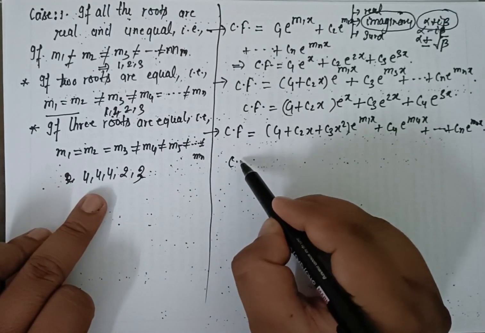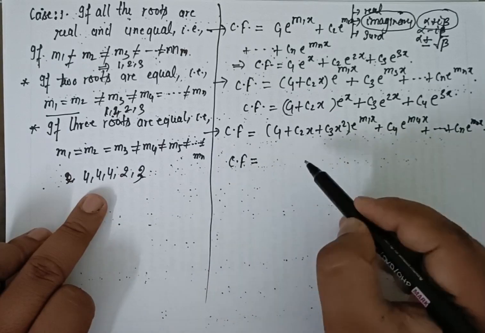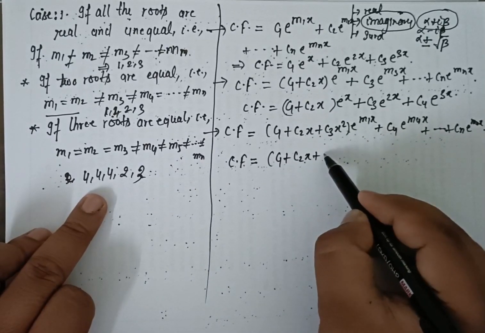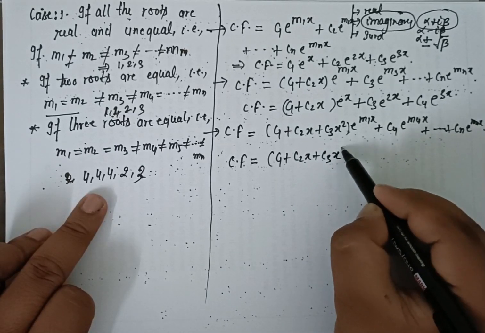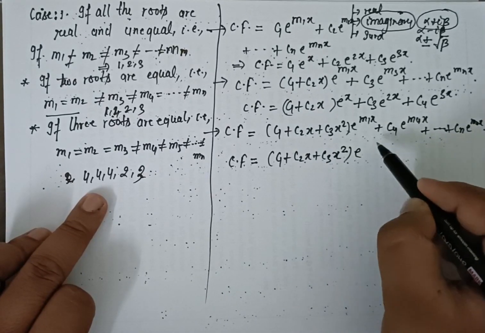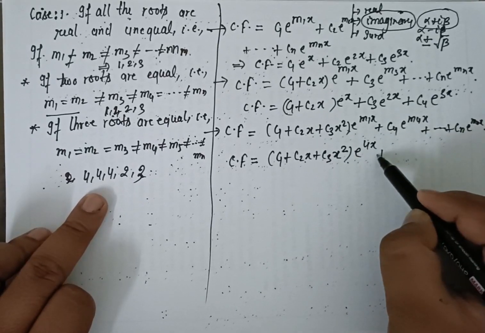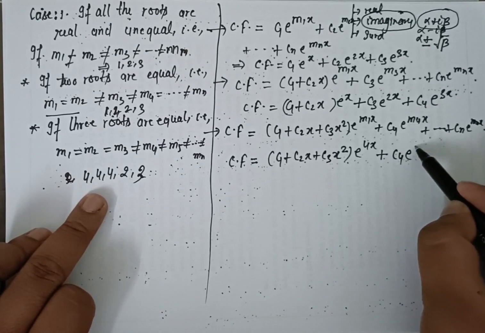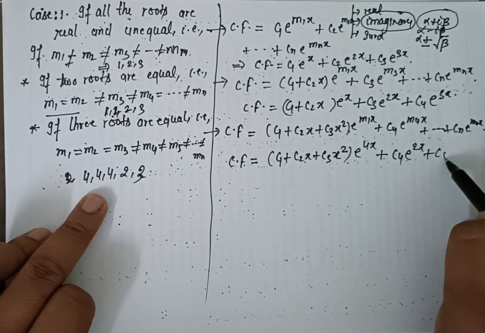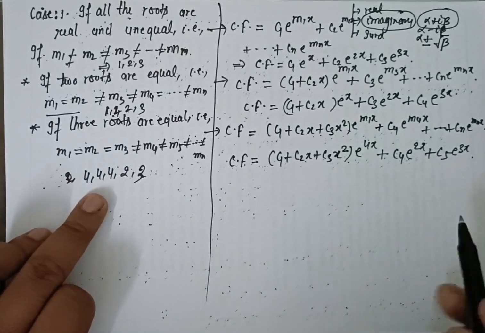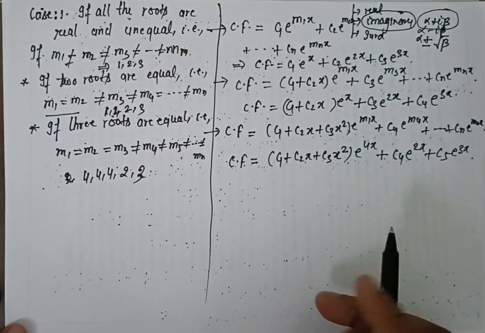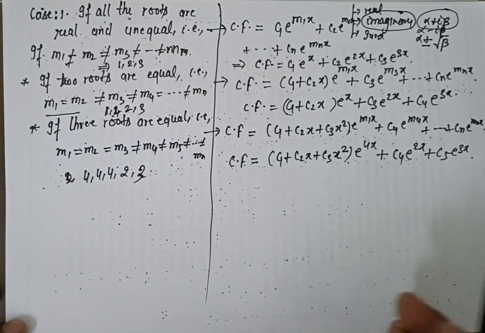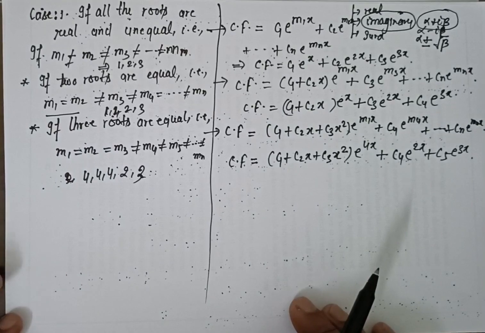So what about the complementary function? The complementary function will be c1 plus c2x plus c3 x square, e to the power 4x, and then plus c4 e to the power 2x and then plus c5 e to the power 3x. One more point to be noted here: you can write c4 e to the power 3x and c5 e to the power 2x also. So there is no conflict here.